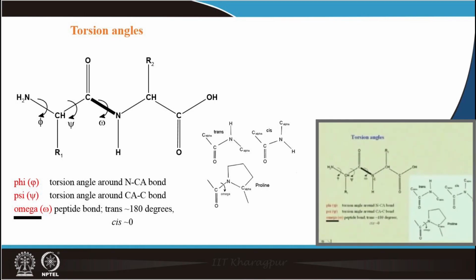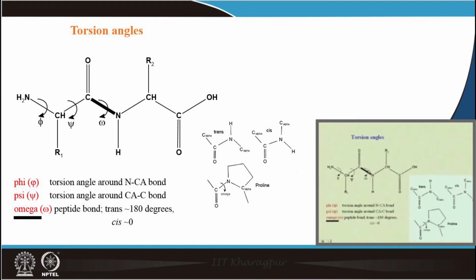Now when you always mention a polypeptide chain, you speak about the backbone. So what are my four atoms here? The C, the N, the C alpha and the C that belongs to the next, or rather this amino acid. So it's a C of the previous one. Which is this amino acid? It is this one.